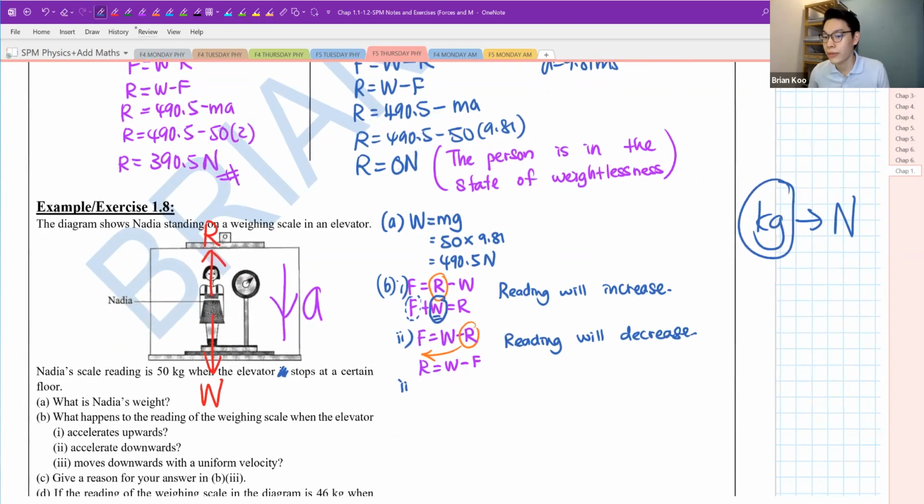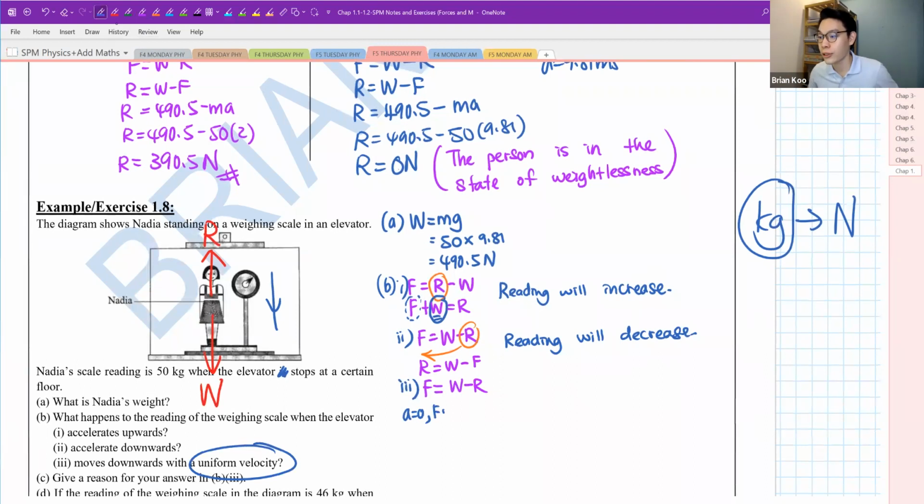Number 3. What if it moves downwards with uniform velocity? Move downward, but with uniform velocity. Some of us may think like this: I know that if it moves downward, the downward force is stronger, so we take W minus R. However, uniform velocity means acceleration is 0.